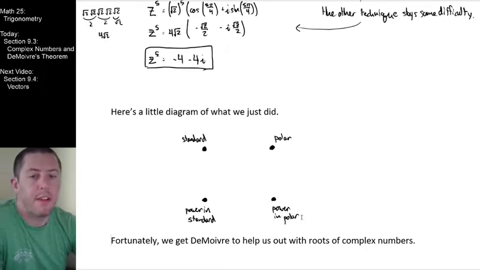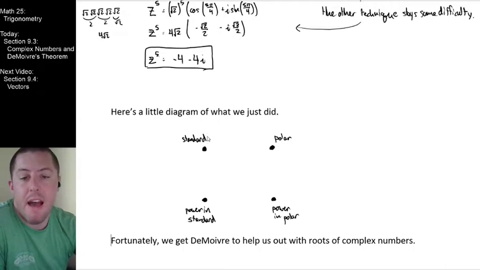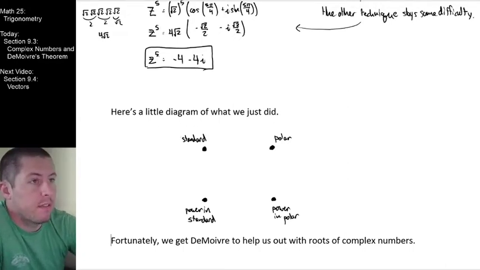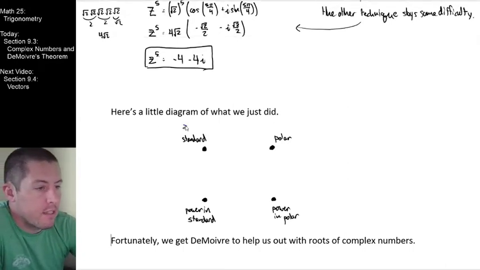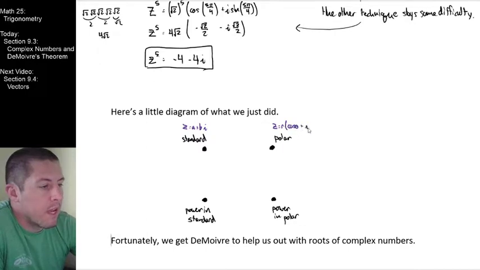So sort of like four different places we could be. We could have our standard form number z. This is like our z equals a plus bi. This is like our z equals r times cos theta plus i sine theta.